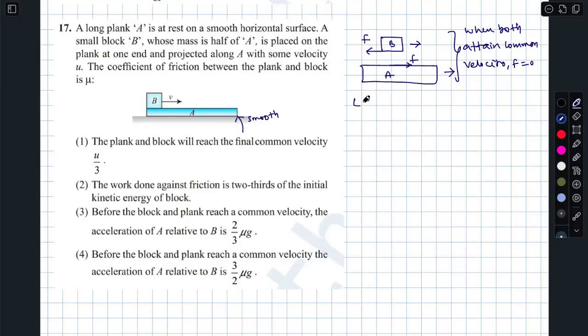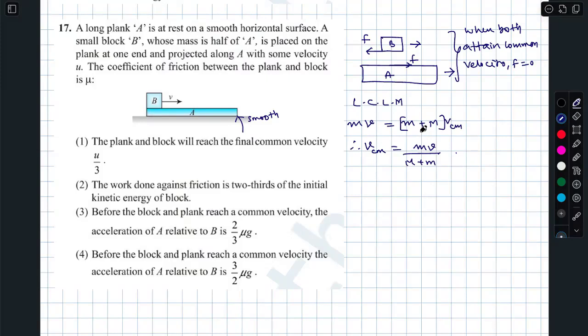So therefore, what is the common velocity? You can apply the law of conservation of linear momentum in this. Because m v is initial, small m plus capital M, actually the velocity of center of mass is also the same. So the common velocity and center of mass velocity are the same in this case. That's the deal.